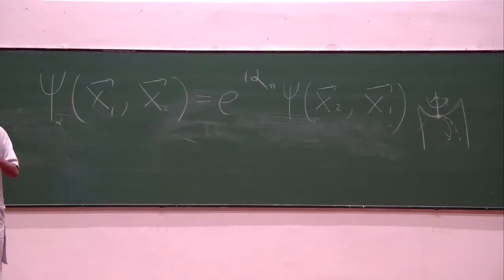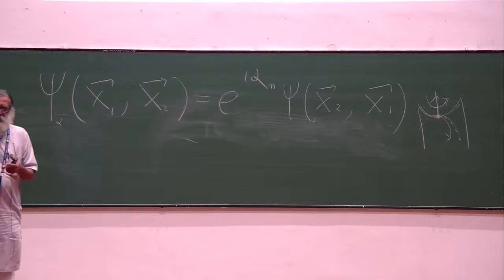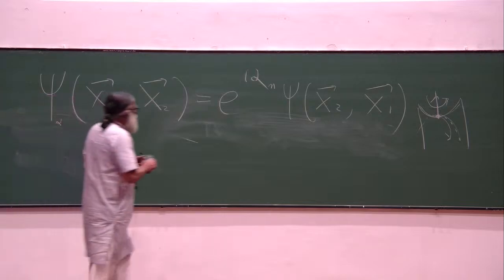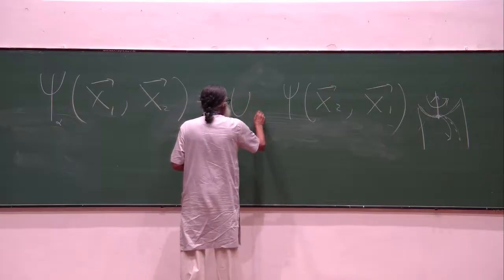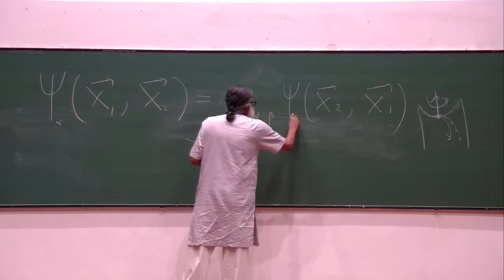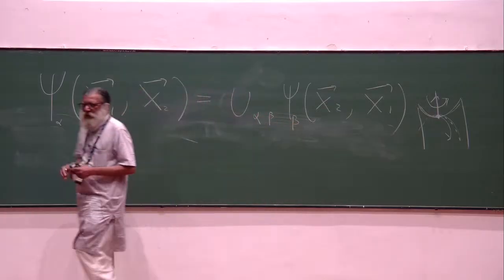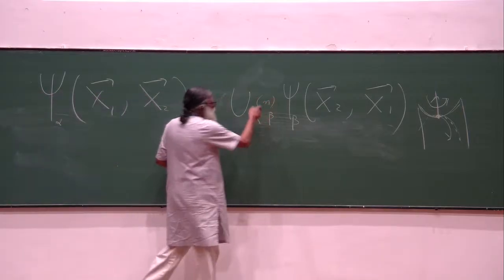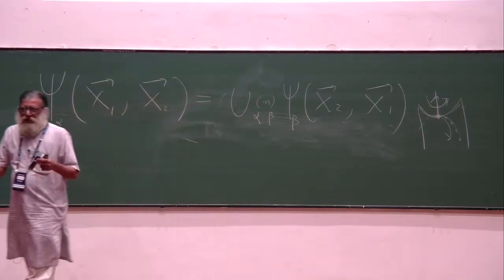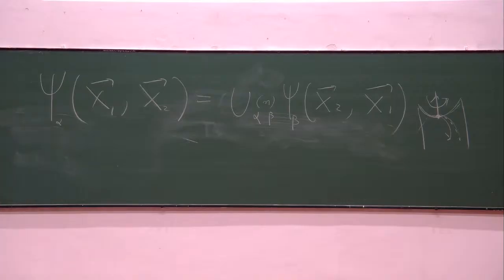The particle will have some internal degree of freedom. Apart from position, there will be some 2 or 3 states. And this will generalize again, if I label it by n, where n represents the braiding operation. So that's why this acts like a gate.